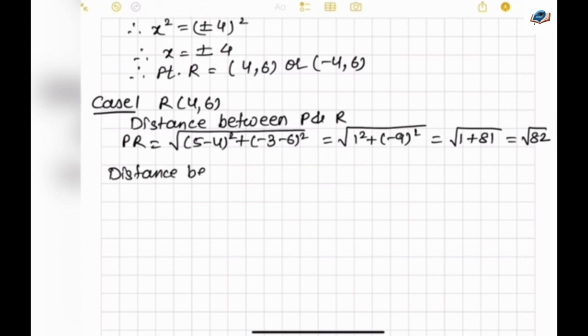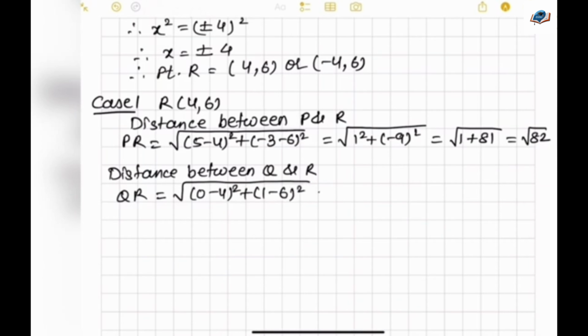So root 82. Distance between Q and R, QR will be equal to root of (0 minus 4) whole square plus (1 minus 6) whole square. So that will be (-4) square plus (-5) square. So that is 16 plus 25, root 41.